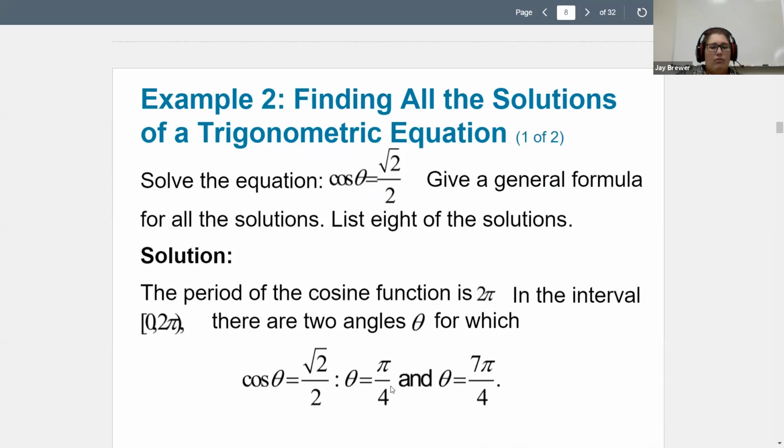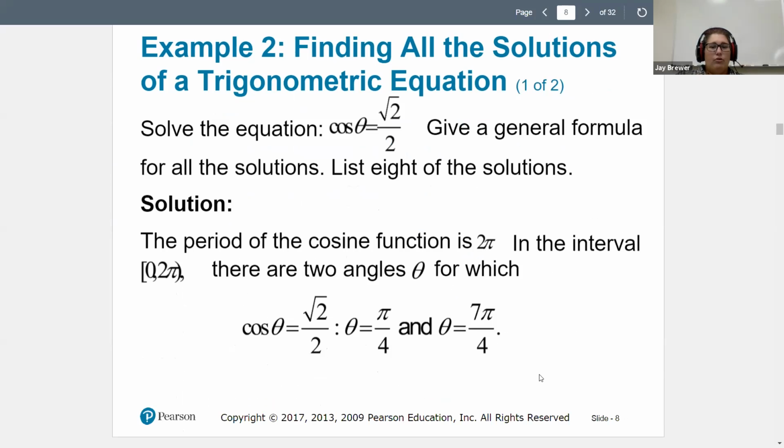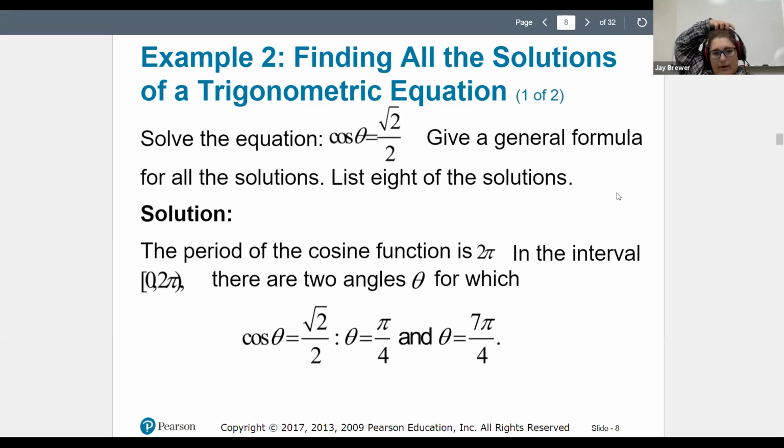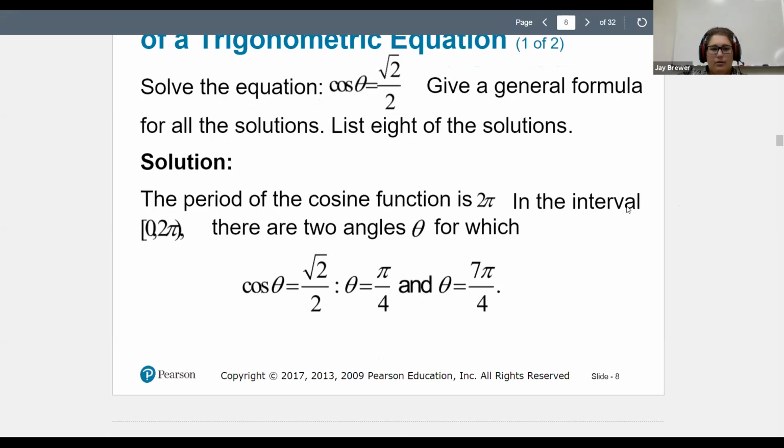So pi over 4 and 7 pi over 4. So those are just 2 of the angles, but it wants to know the next 8 solutions. So how many more do we have to go? A bunch, 6. Okay.